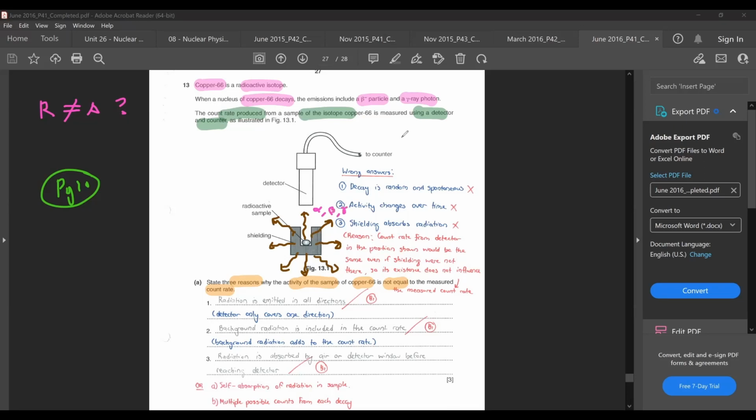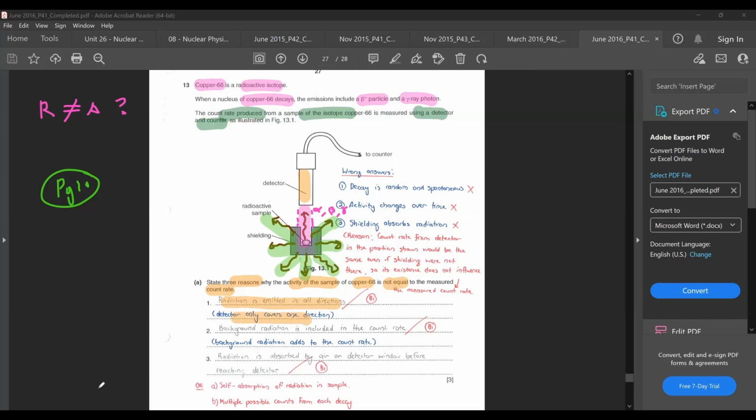But the problem is that your detector, which is this one, will really only detect in this direction. Okay, so whatever got emitted in the other directions like this will never ever be detected. That is one of the reasons why your count rate will never be the same as your activity in the first place. So your answer here would be radiation is emitted in all directions, but the detector only covers one direction.